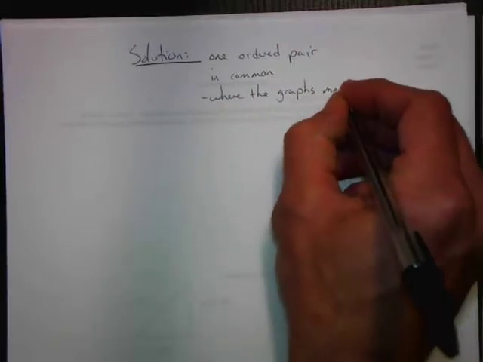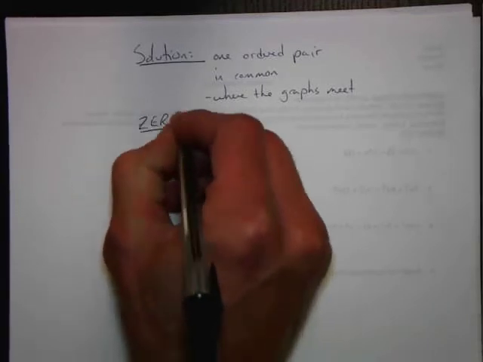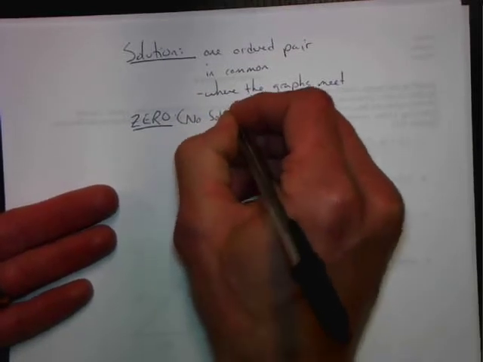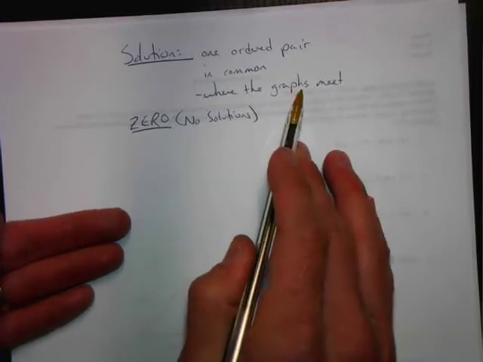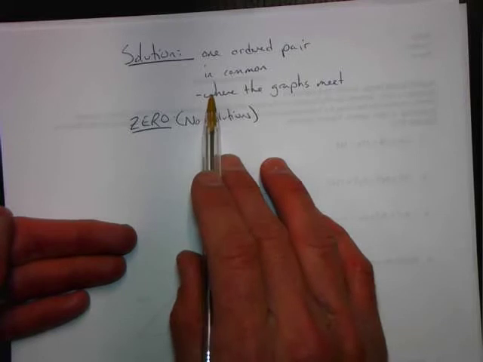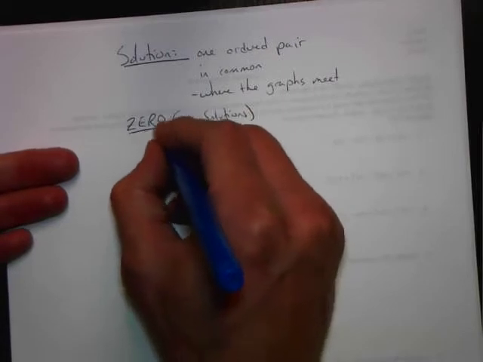All right, so let's talk about what it means if there are 0 solutions, if there are no solutions. What does that mean? Based off of this definition, well, if they have no solutions, doesn't that mean they don't even meet? So 0 solutions means they don't meet.